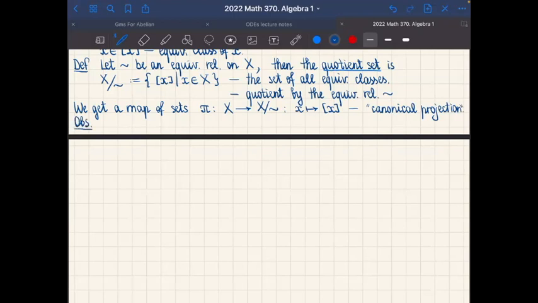We can observe that this map is surjective. And pi of x is equal to pi of y if and only if x is equivalent to y.